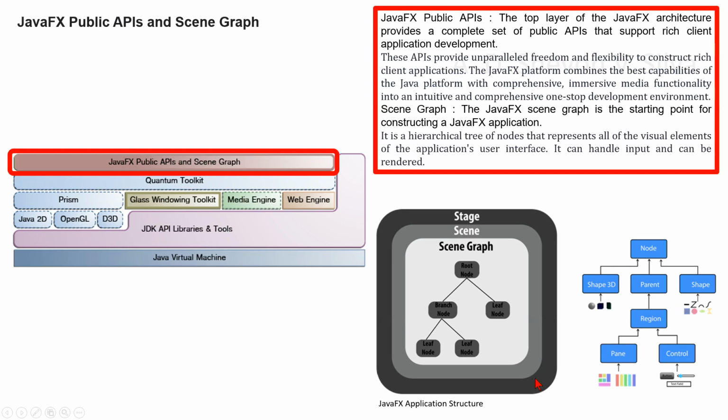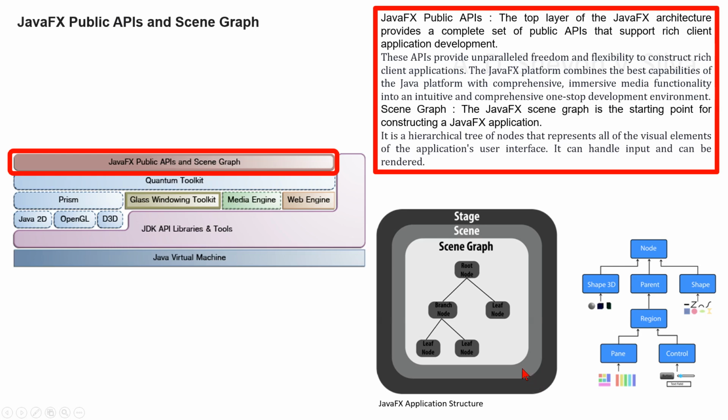At once instance, a scene object can only be added to one stage. In order to implement a scene in our JavaFX application, we must import the javafx.scene package in our code. The scene can be created by creating the Scene class object and passing the layout object into the Scene class constructor.